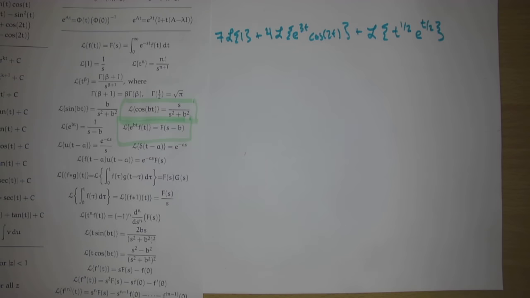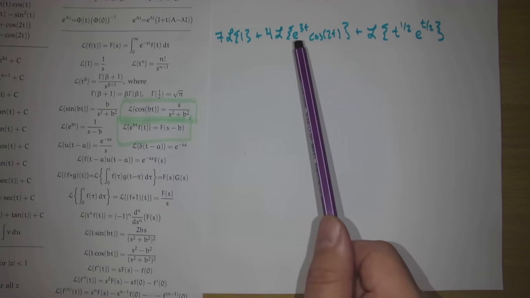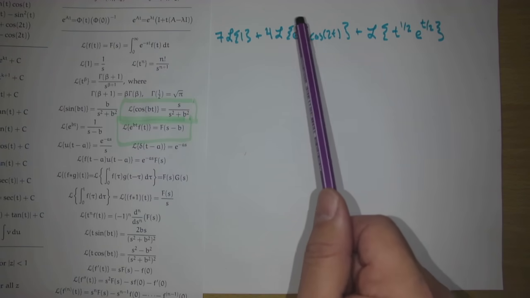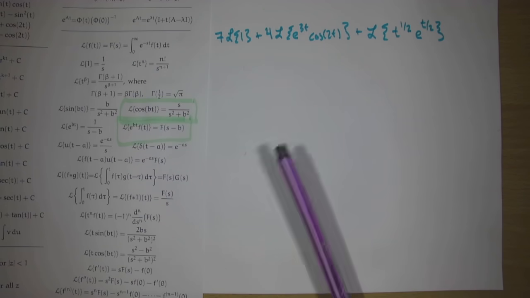So what does this tell us? Well, you take the cosine, and then everywhere you see s, you're going to do a shift. When you're taking a Laplace transform and there's an exponential involved, that corresponds to a shift.